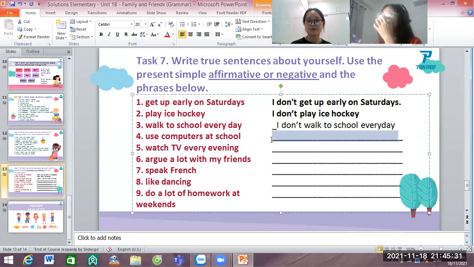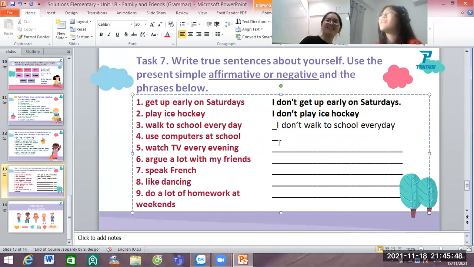I go to school by motorcycle. Oh, you are at grade 6?